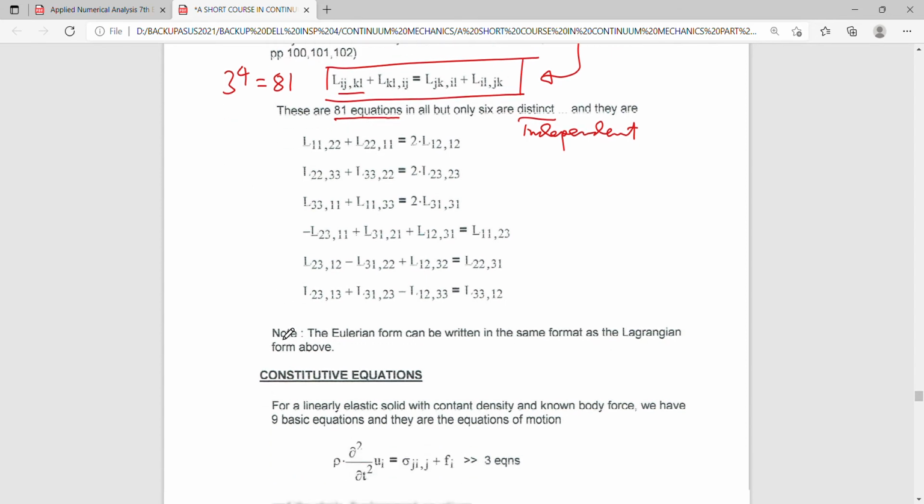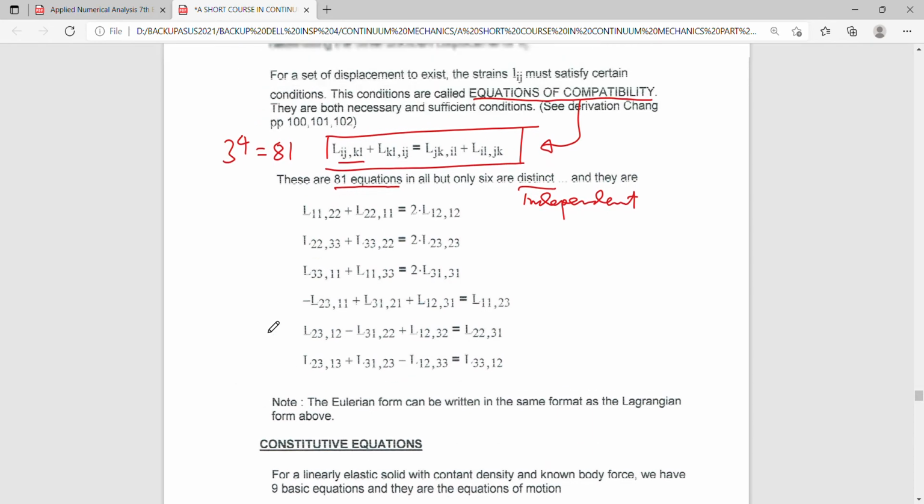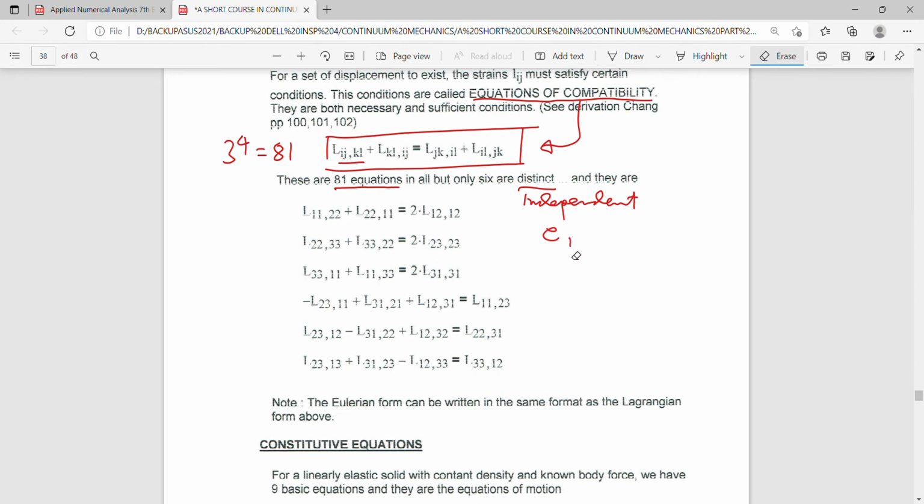Okay, note that the Eulerian form can be written in the same format. So L means Lagrangian. If you are using Eulerian, you just use letter E. Okay, so E11, sorry. In the Eulerian, they are just actually the same if you are using small deformation theory.